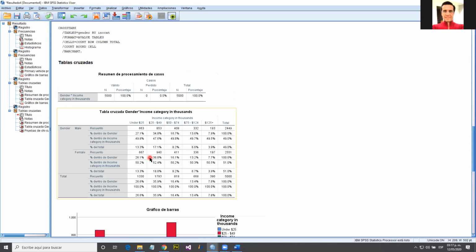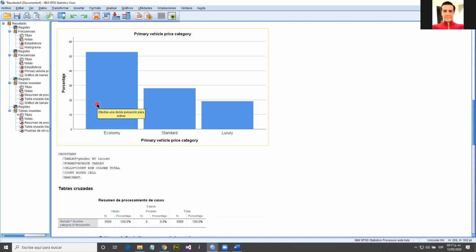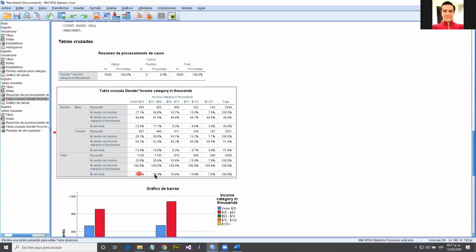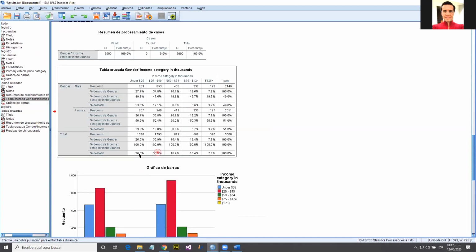So this means, and if you correlate this information with this, now you can explain it. My market is the ones that are driving an economy car. Yes, they are the ones with under $50,000 per year. Can you repeat that, please? If you see these two numbers, we can see right here that our main customers are the ones that earn less money.